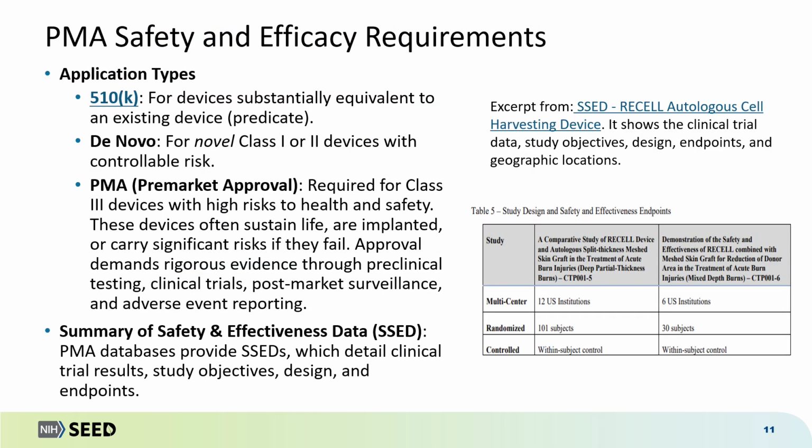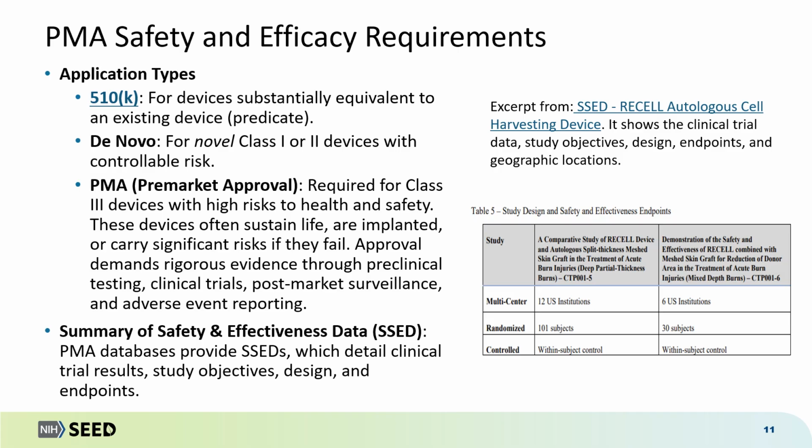High-risk devices like RECELL, which may sustain life or carry significant health risk, have stringent approval requirements. The primary pathways include 510(k) for devices similar to existing products, de novo for novel, lower-risk devices, and PMA for high-risk devices.